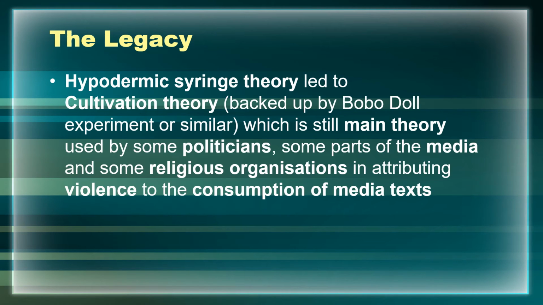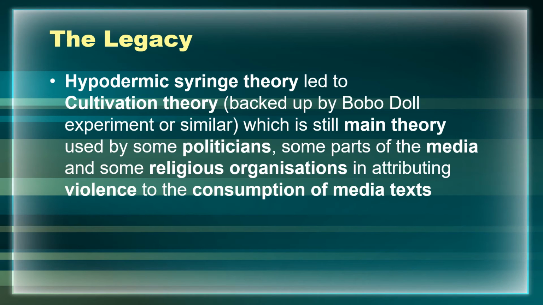Basically, what happened with hypodermic syringe theory was it led to another theory, which we're going to look at later, called cultivation theory. And this is the idea that media products are dangerous.